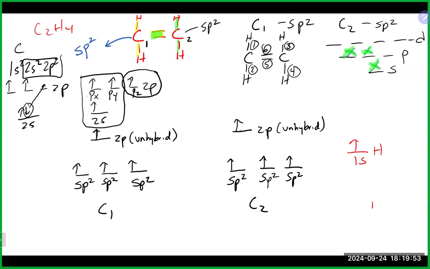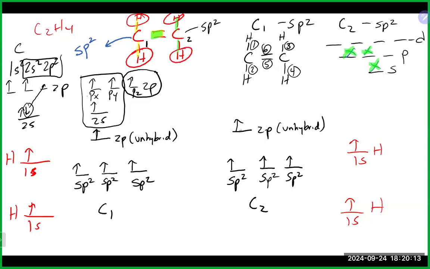We have another hydrogen atom that has a 1s orbital with an electron in it. On the left-hand side, I'll draw it like the picture. We have a 1s orbital, and another hydrogen that has a 1s orbital. Again, hydrogen will not hybridize. That is each of the hydrogen's electrons in this picture.